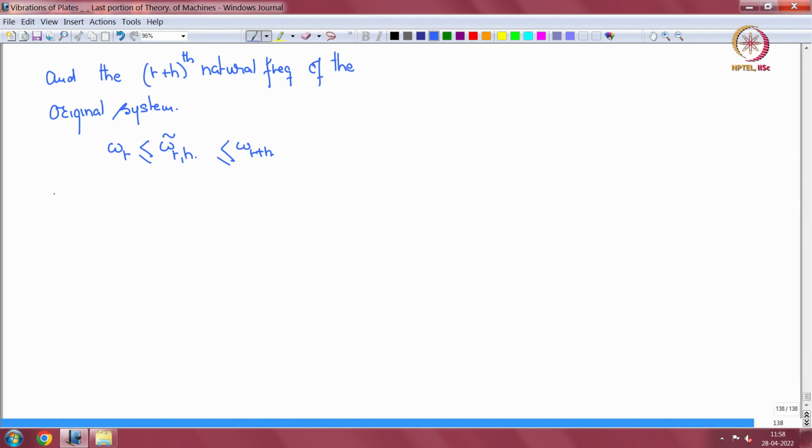If you have an original correct mode, original exact mode, and instead of that you substitute an admissible function, that is like implementing a constraint, that is like you have put a constraint, okay, because it is different from this.